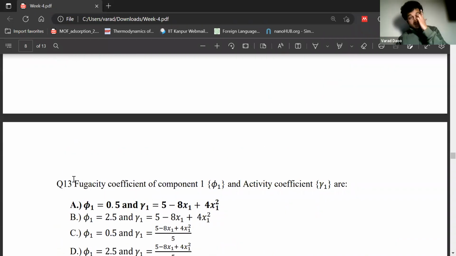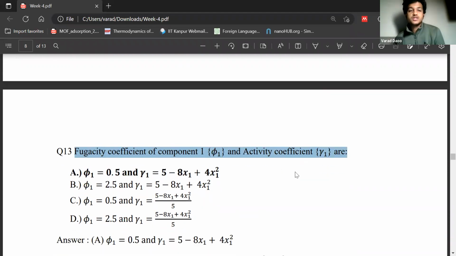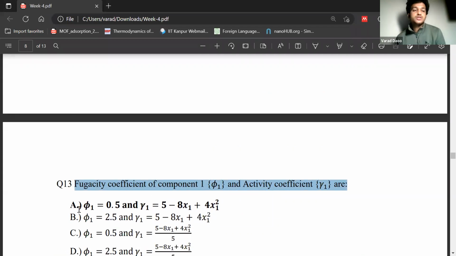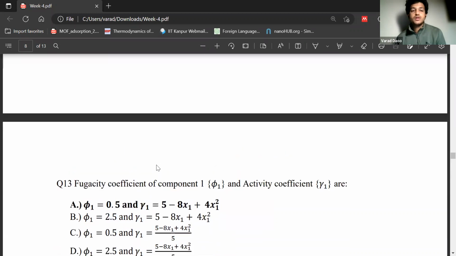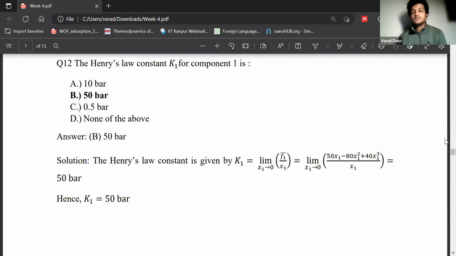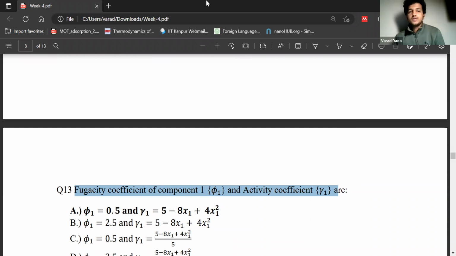So what we want is the fugacity coefficient of component 1, phi 1, and the activity coefficient gamma 1. What is the expression for that? These are the options. I'll give you a couple of minutes to try.